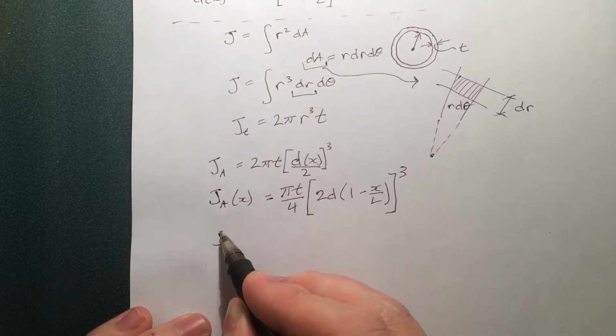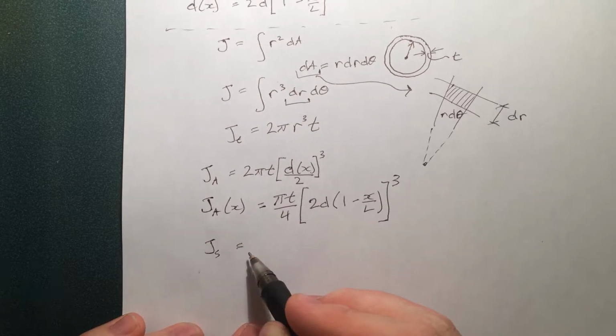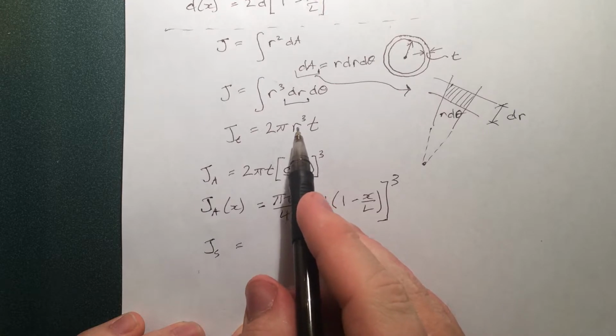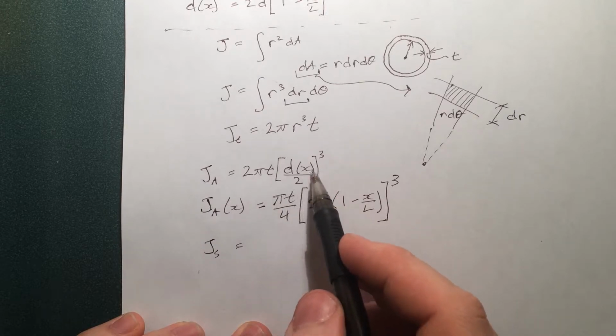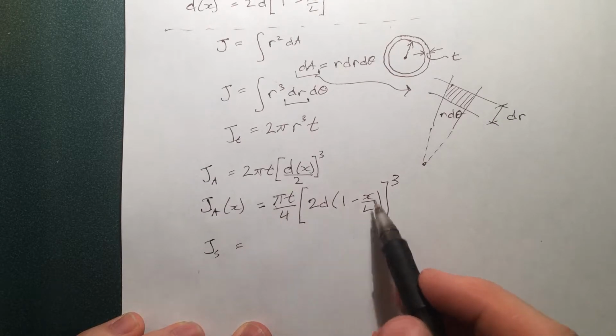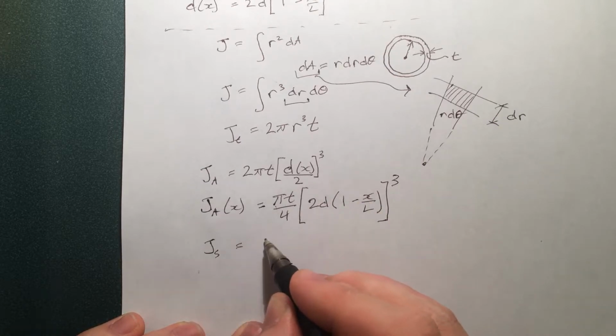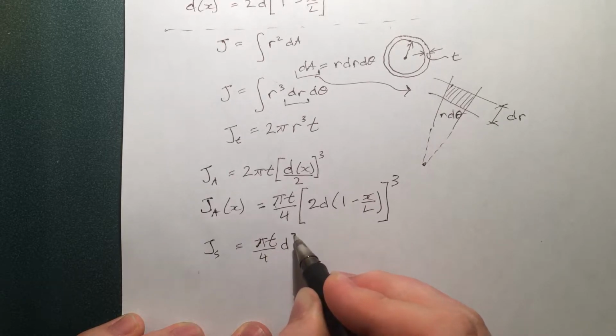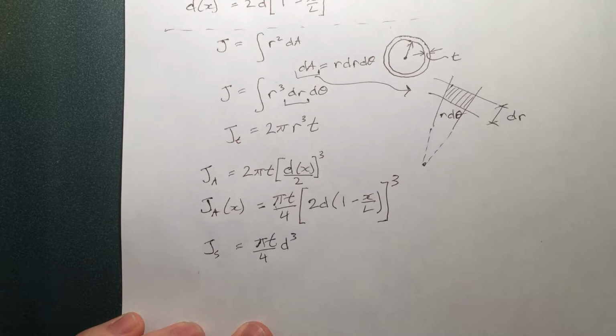And the J for the solid piece is just going to be this right here. Instead of radius, we're going to put in diameter and factor this out like we did here with the 2, and then instead of this big thing, it's just going to be d to the 3. All right, so this is all the ingredients that we need. So it's just a matter of plugging it in and integrating.